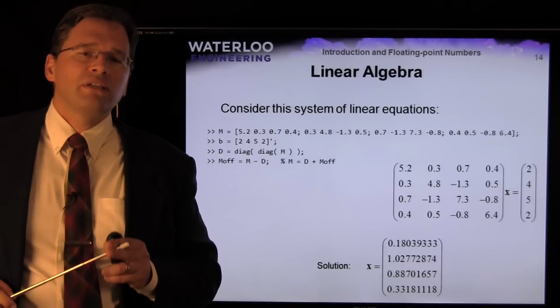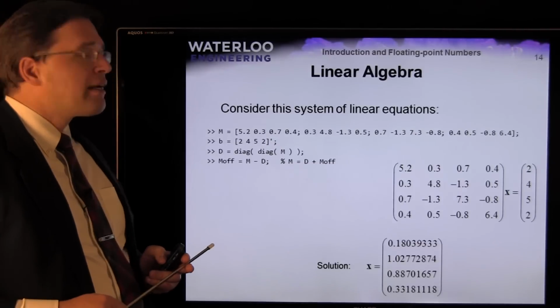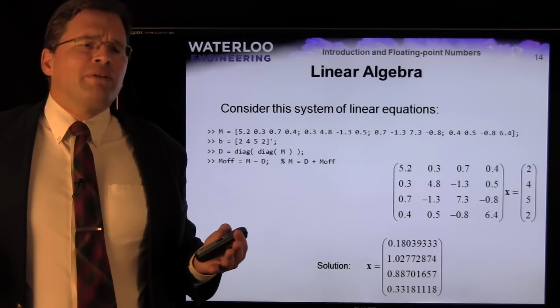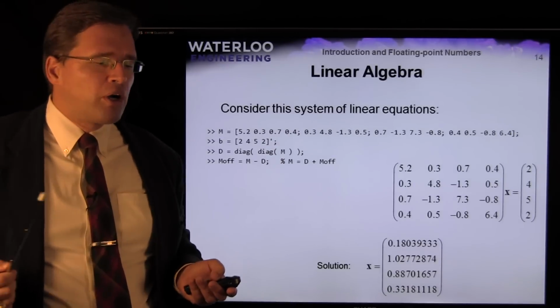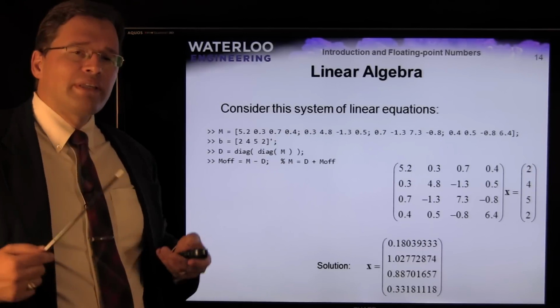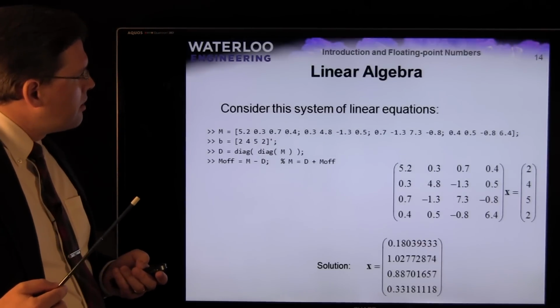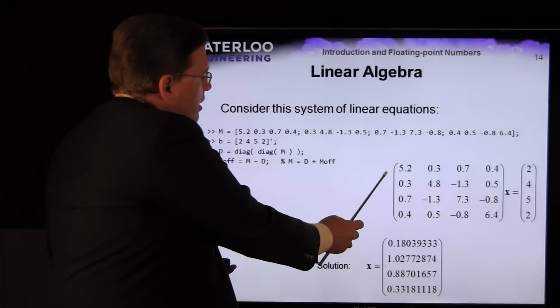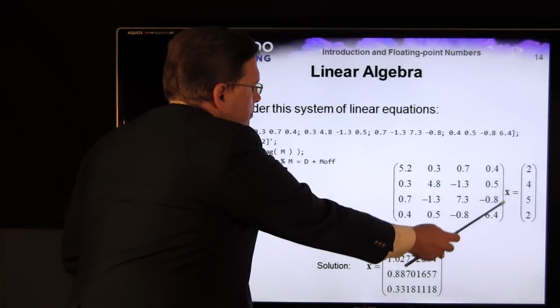So I want to find the solution to this problem. How am I going to start out? What do I use as an initial value? A vector of zeros? Possibly. However, let's be a little bit smarter about this. Assume that all of the off-diagonal entries are 0.